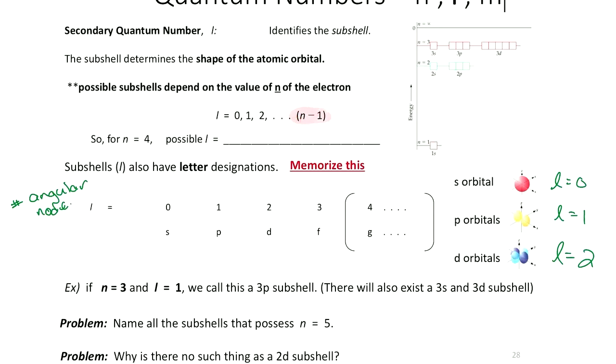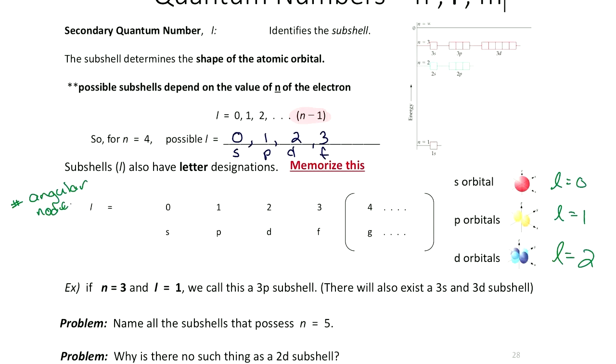If we have an electron in an n equals 4 energy level, our possible shapes will be L equals 0, 1, 2, and 3. Those are our possible L values. So for an n equals 4 electron, we can have electrons in s shapes, p shapes, d shapes, and f shapes, but we can't go past that.